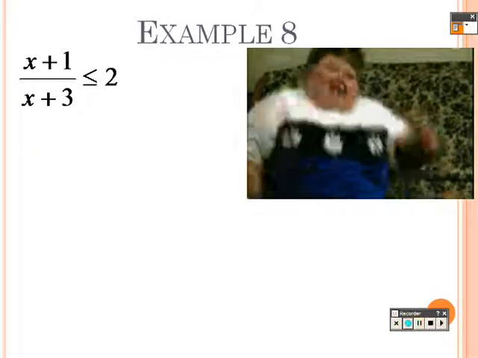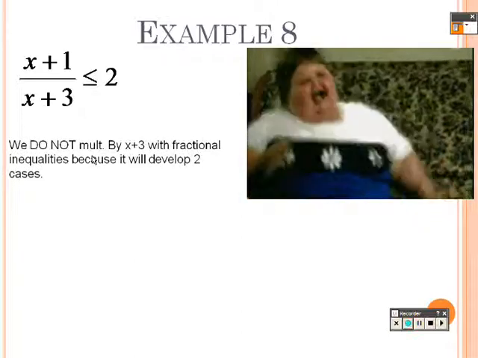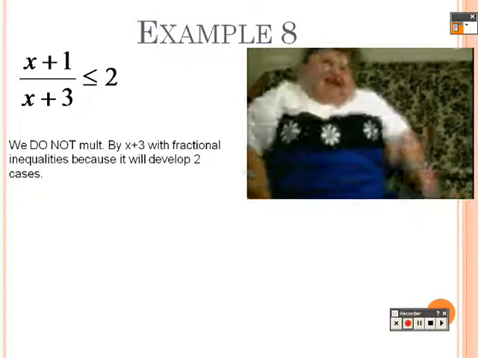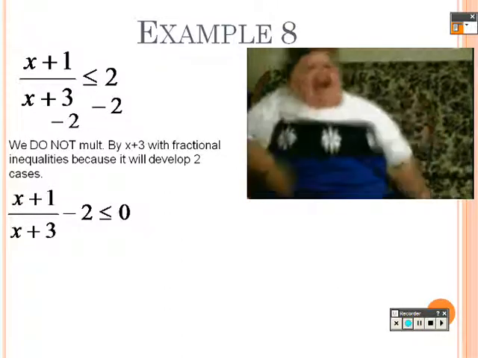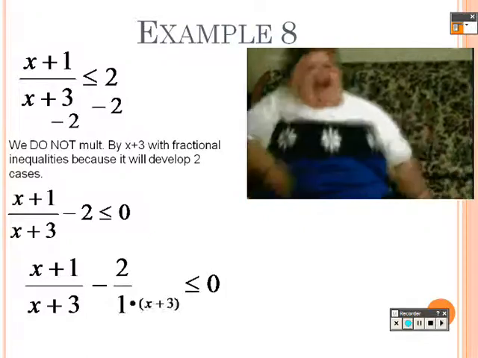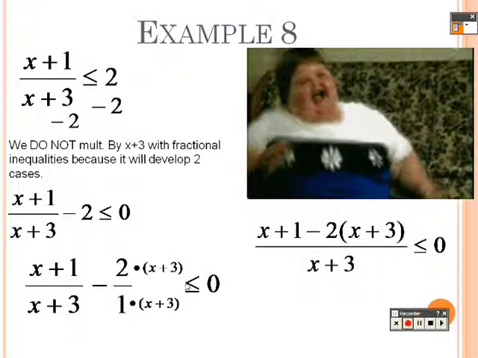Looking at this one to solve, I know that it can't be negative 3 because that won't work, but what we can do is minus 2 to make that equal to 0. Find common denominators, so this is an x plus 1 on the bottom, so I need to find a common denominator.